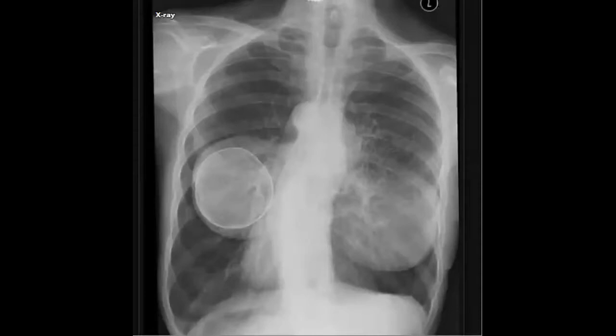Okay, if I told you that this patient has a previous history of breast cancer, is it easy? It will be easy for you. I think it will be easy, right?